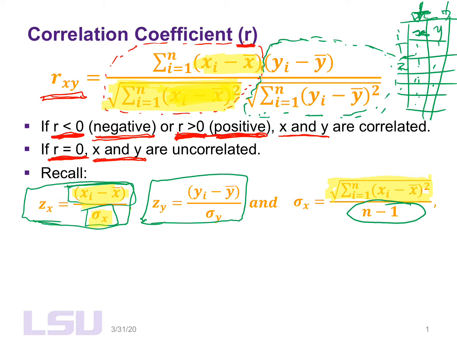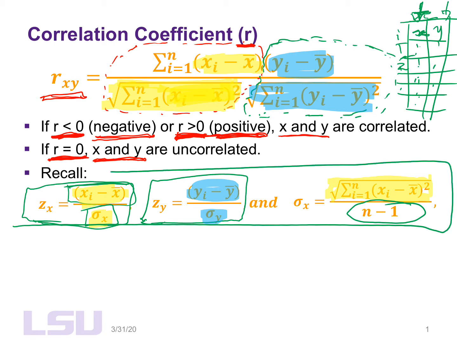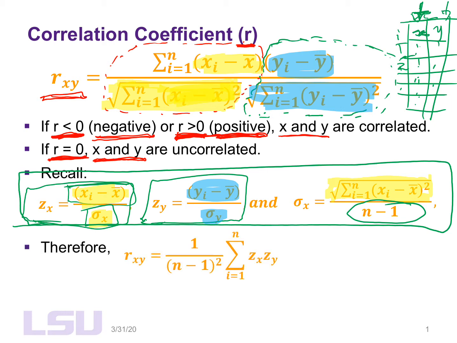If you look at the other term, I'm going to also highlight it, but use a different highlight color. So this is this. That's your zy. This is also this, which shows up here. And you can substitute these three equations right here into this and get a simpler form of the definition for your R, which is this.